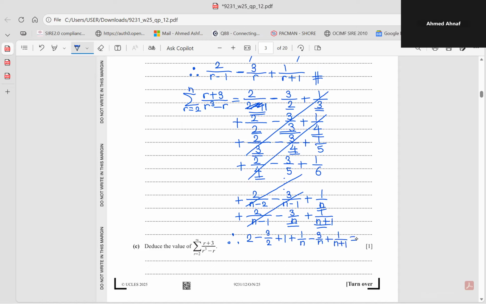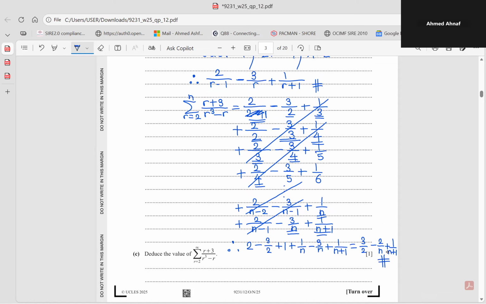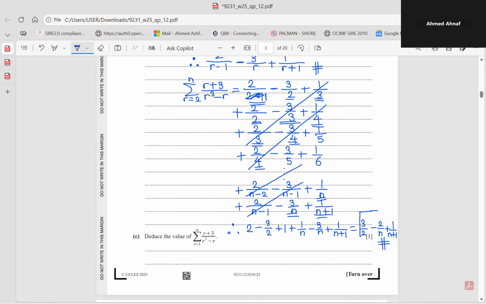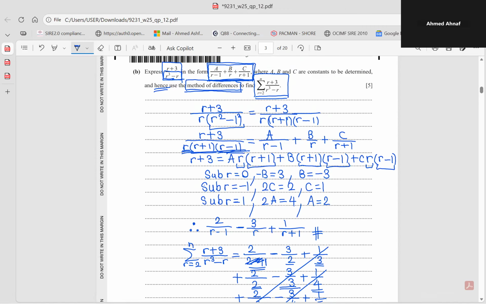So 2 minus 3 over 2 plus 1, that's 3 over 2. Then 1 over n minus 3 over n, so 1 minus 3, that's just negative 2 over n, plus 1 over n plus 1. So this would be the final answer for this part.